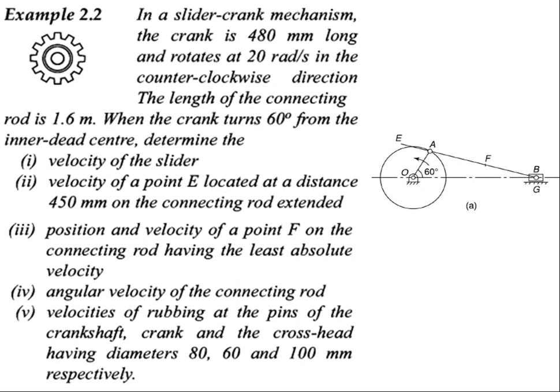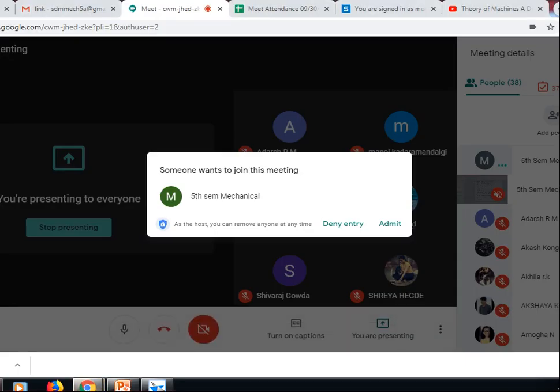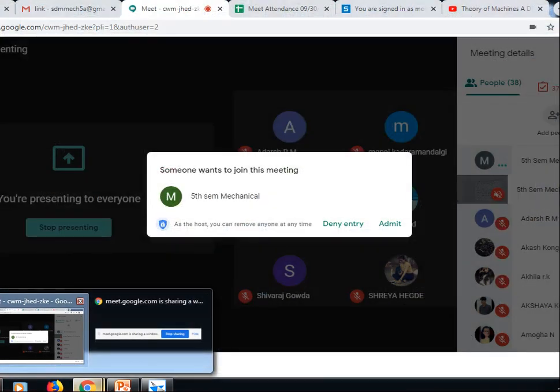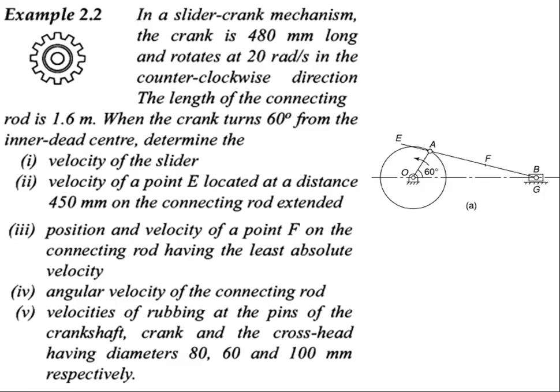They have taken 450 mm extra, so it is an extra point located there, not a link. Then the position of the point F on the connecting rod having the least absolute velocity, that is the point F here, and the angular velocity of the connecting rod is to be calculated.